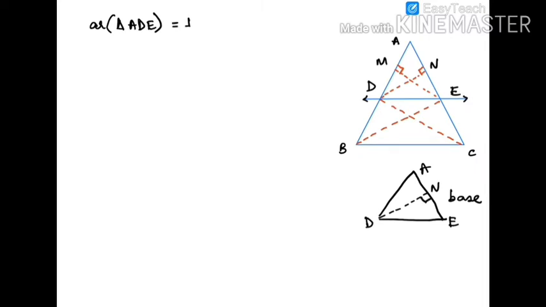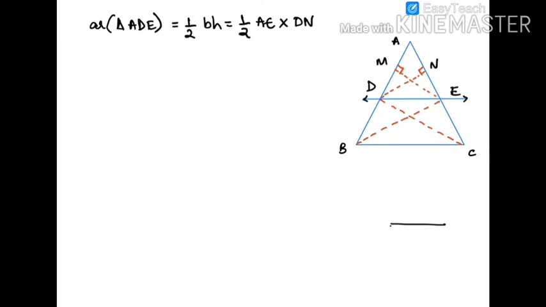So area of triangle ADE will be half base into height, which is equal to half AE into DN. Now we will find area of this triangle DEC by taking EC as the base.